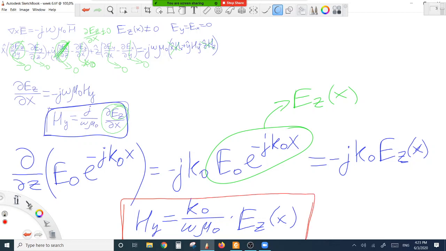So this is the y component of magnetic field intensity, or we may write it in vector form.